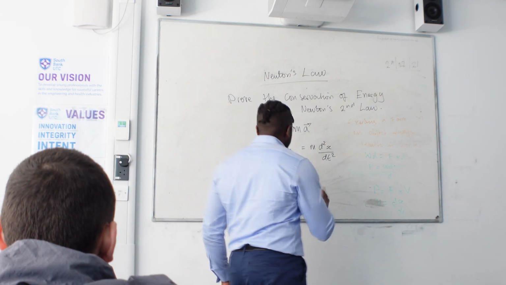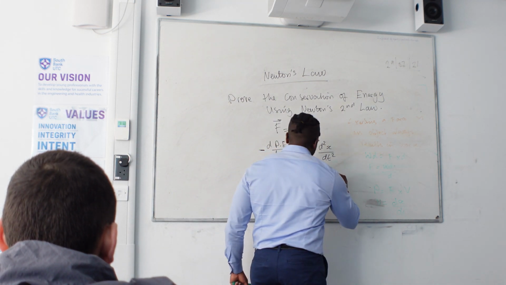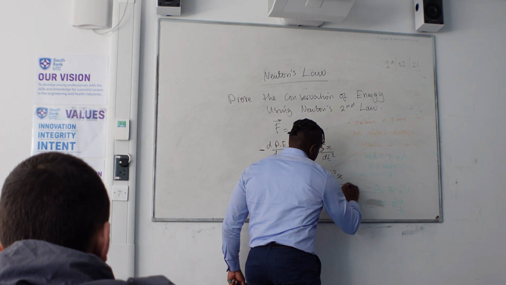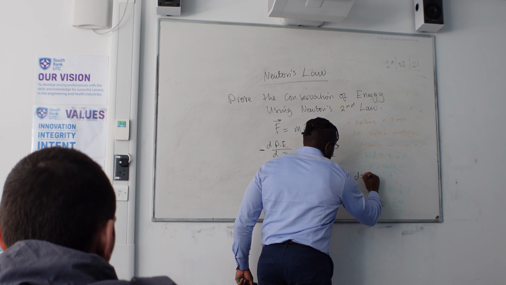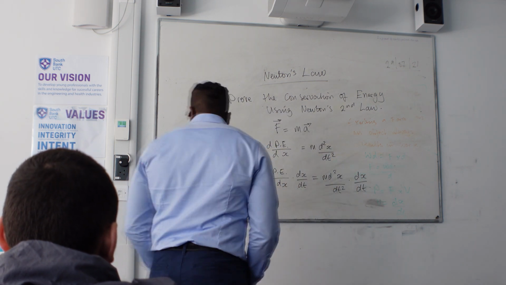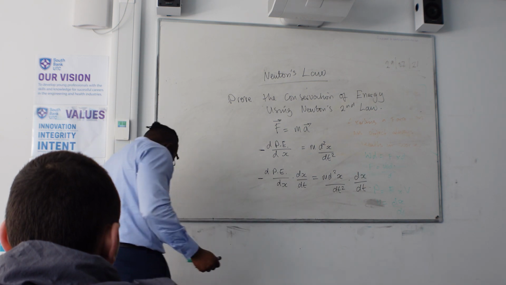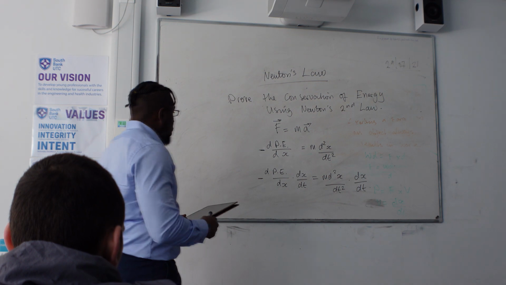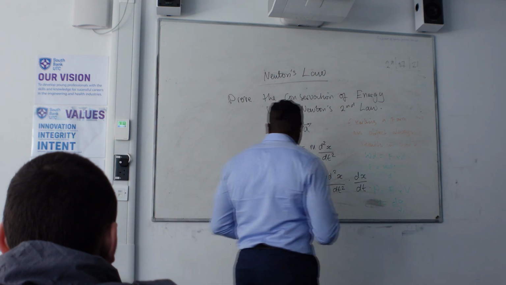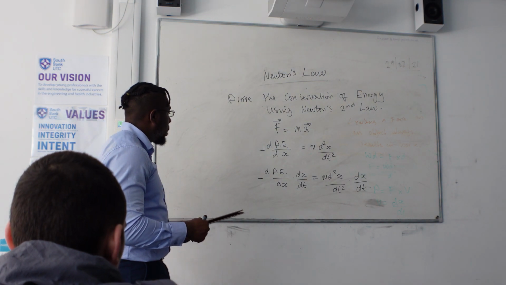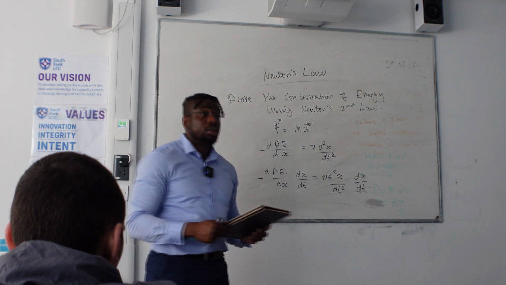Anyway, I've multiplied both sides by dx over dt in order to get my expression into something that looks a little bit like power. What do you suppose we do next? We don't integrate yet. We need to do a bit of cleaning up, okay? Now, the left side is easy. Why?